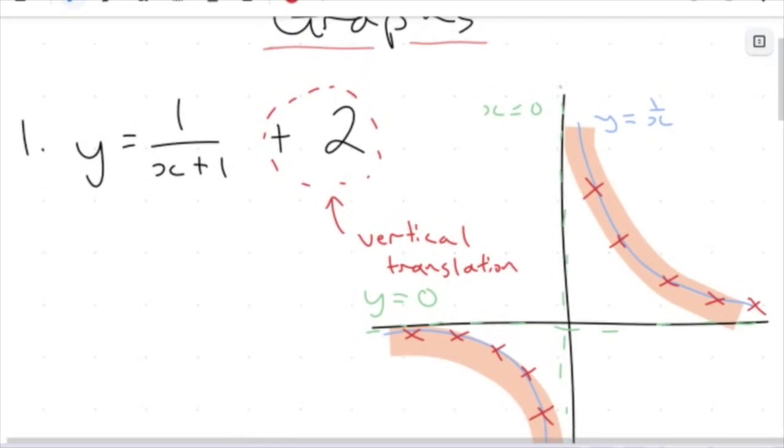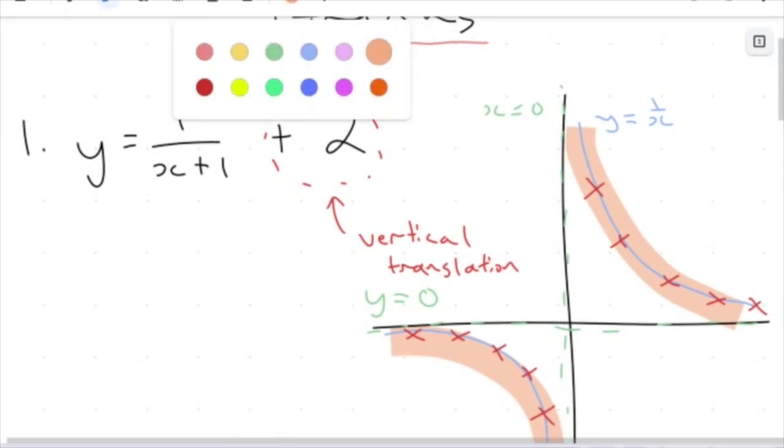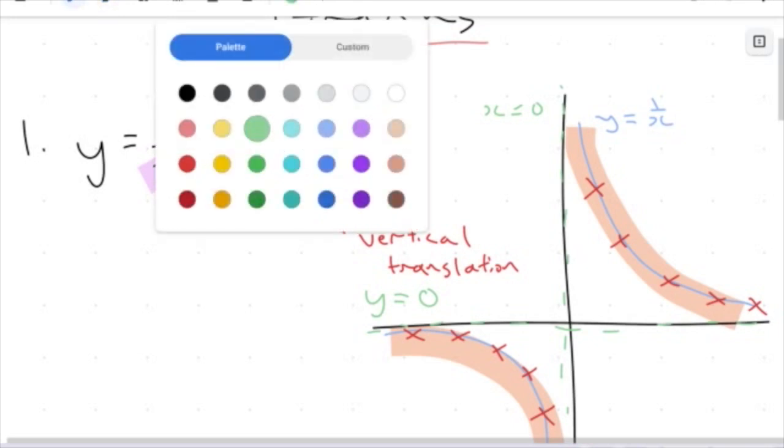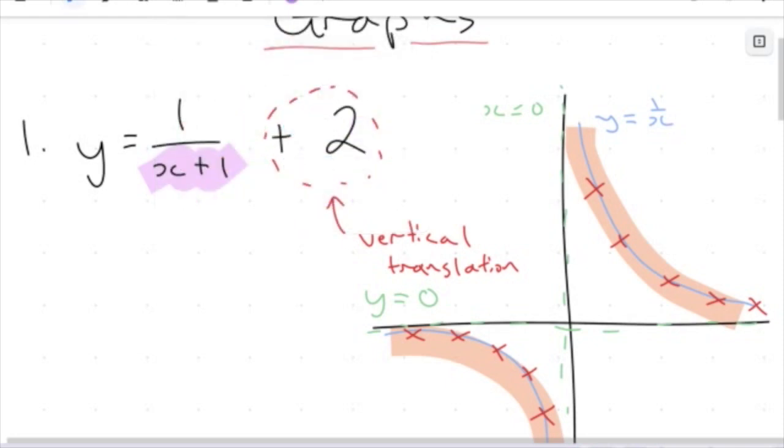Now what this denominator is going to do is that the position where the vertical asymptote ends up is the value of x that results in us dividing by 0.